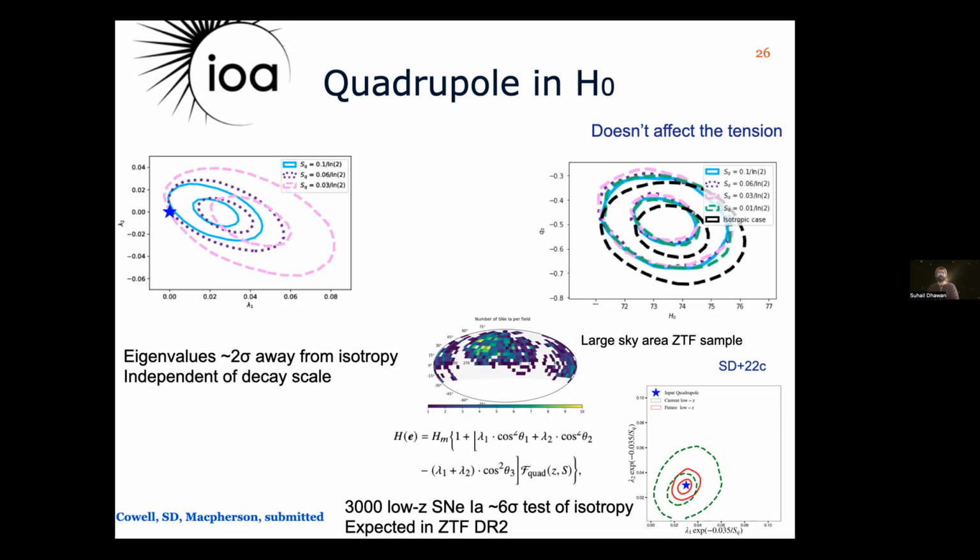How well can we test it? That's with 3,000 good Type Ia supernovae with good distances that pass the selection criteria. Likewise, if the true cosmology is actually isotropic, we should be able to rule out these well motivated few percent anisotropies at a similar significance. So that would be the gold sample to test even the smallest of well motivated anisotropies.